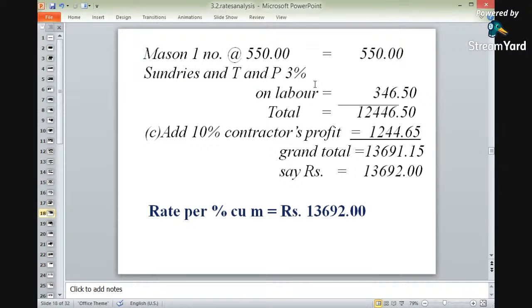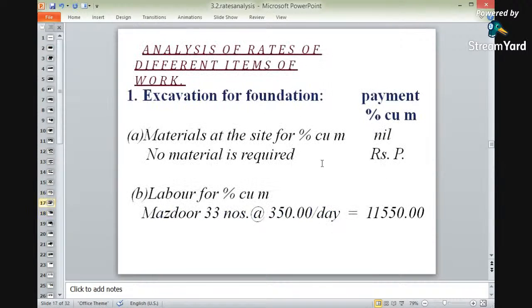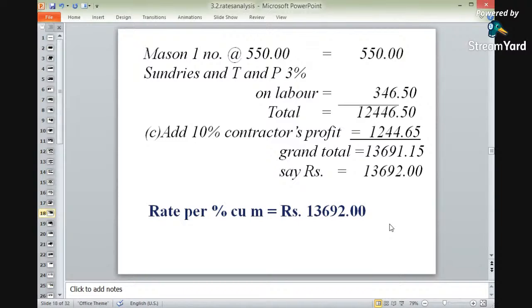Already we have listed the cost of labors in the previous slide. What is the cost of labors? Mazdoors required come to 11550, and this mason. This total, at 3%, comes to be 346.50. So here we are adding the tools and plants and the labors and the mason required.